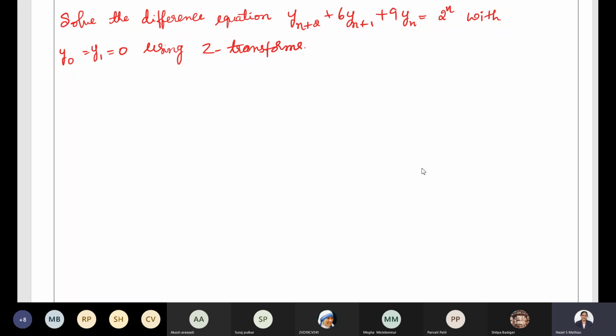Okay, solve the difference equation y(n+2) plus 6 times y(n+1) plus 9 times y(n) equal to 2 power n, with the conditions where y0 and y1 values are given to be 0.